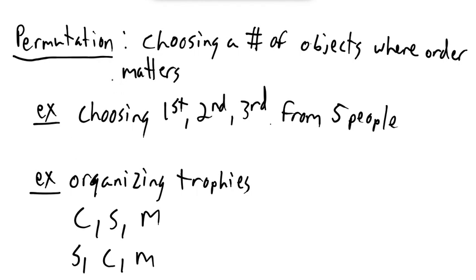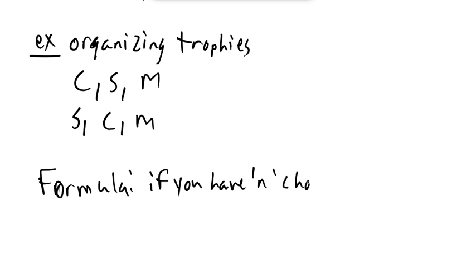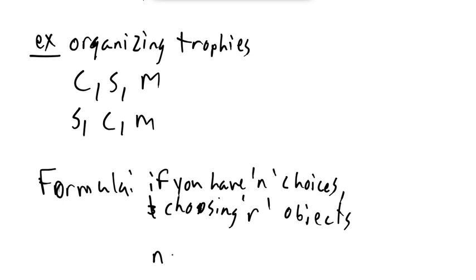Now, our formula for permutations. We have a specific formula, and that formula is if you have n choices, and you're choosing r objects, we write this as we have n objects, we're picking or permuting r of those, and the formula for that reads n factorial over n minus r factorial.